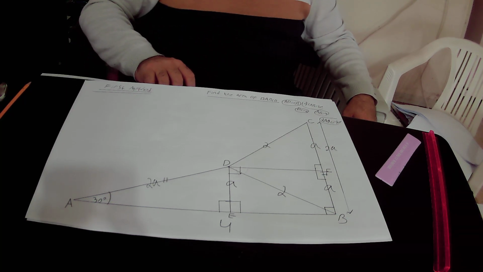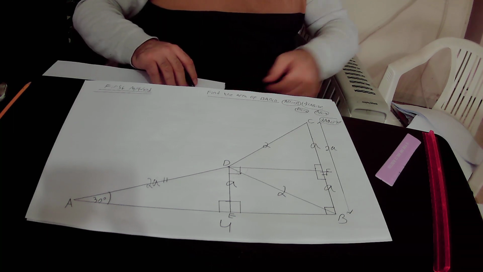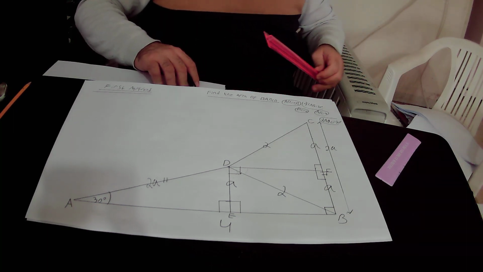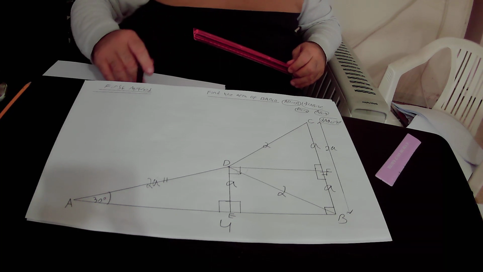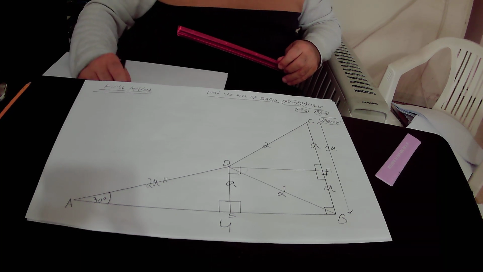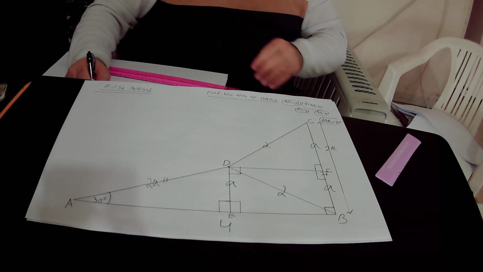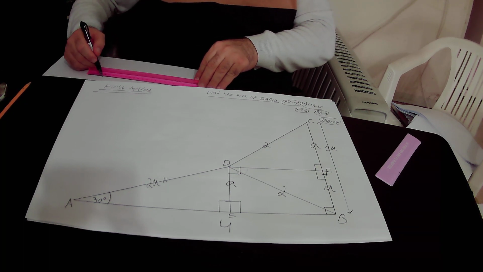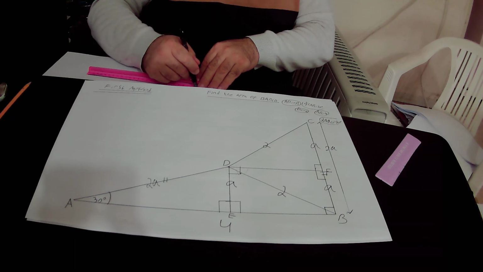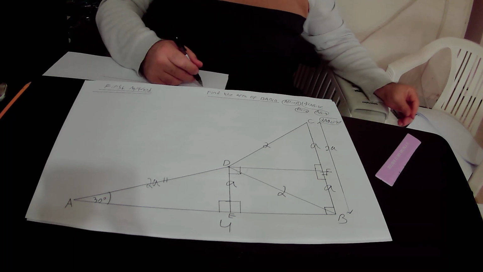So I'll copy triangle ADB in a new page, and we will implement the law of cosines on triangle ADB. Okay, so triangle ADB, this is side AB.